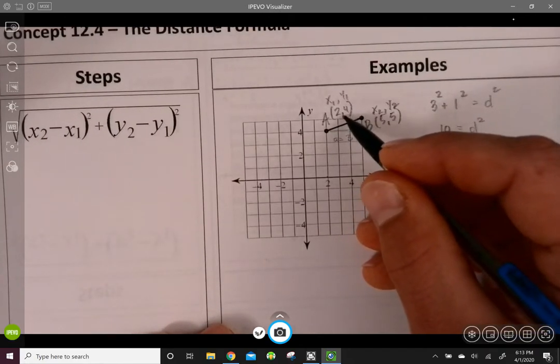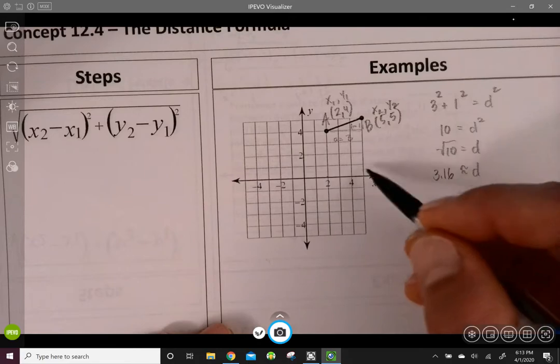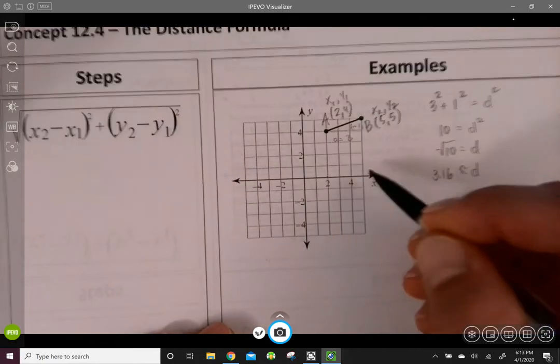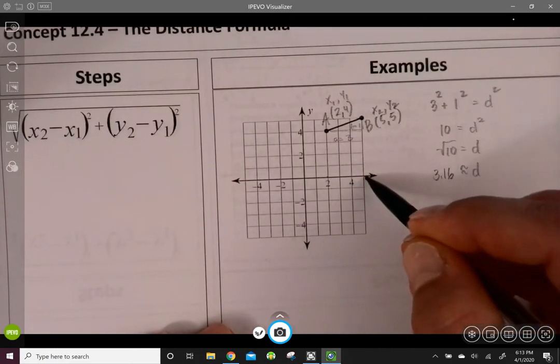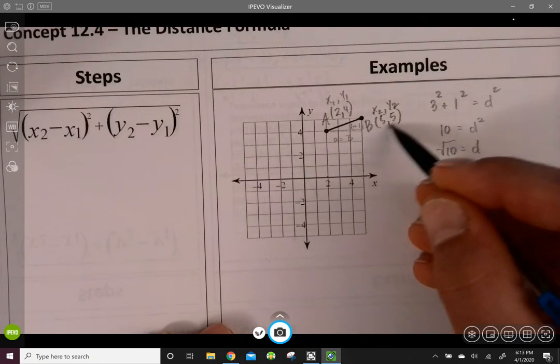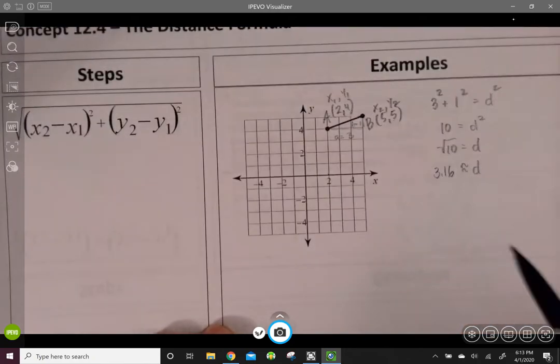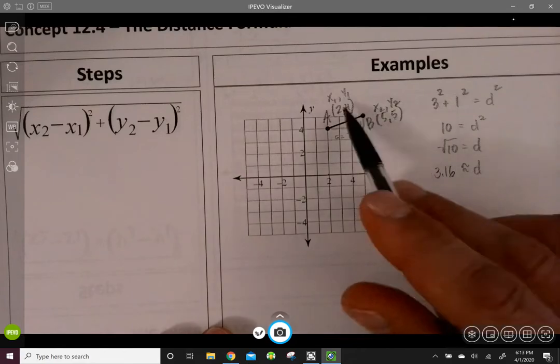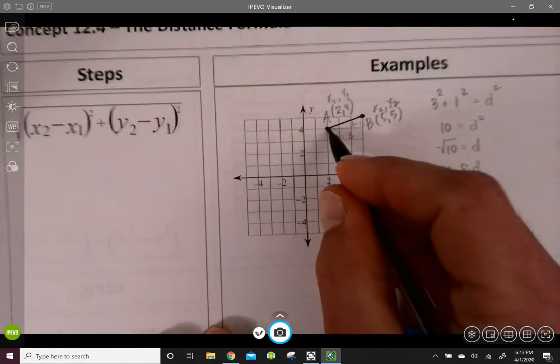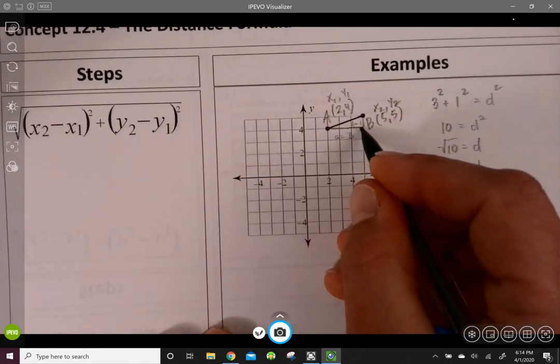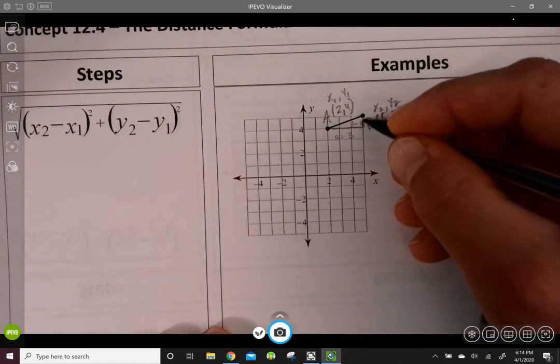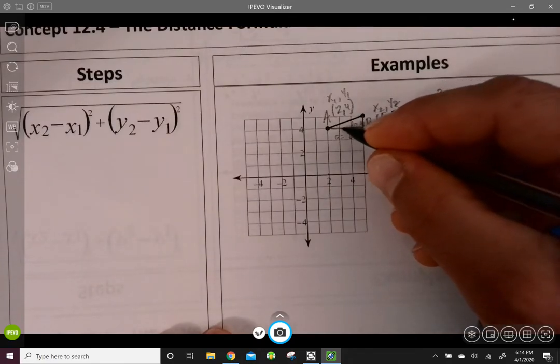So those are my coordinates of point A. And then B is at x equals 5, 5 units to the right and 5 units up, so it's at (5, 5). Now I can use the distance formula to find the length of that line segment, or I can come across and come up, which creates a right triangle.